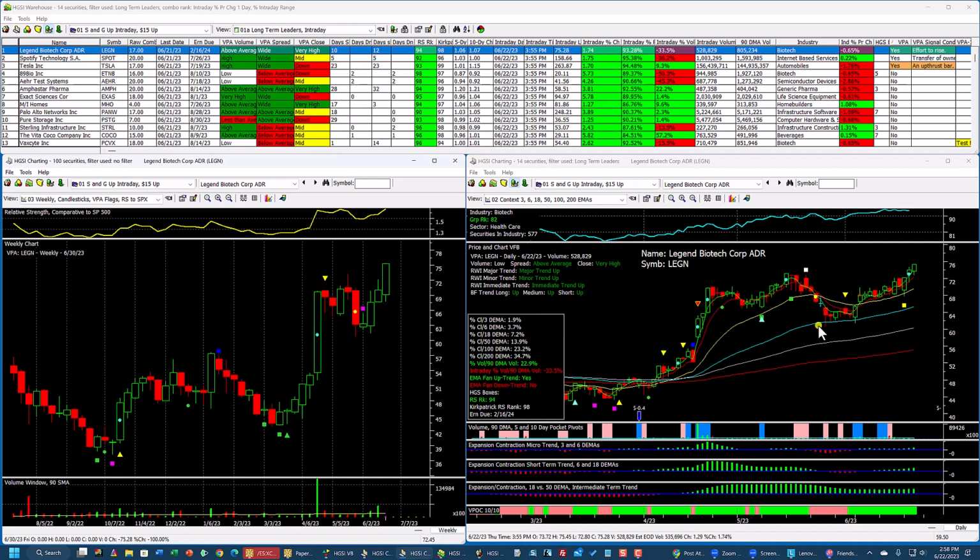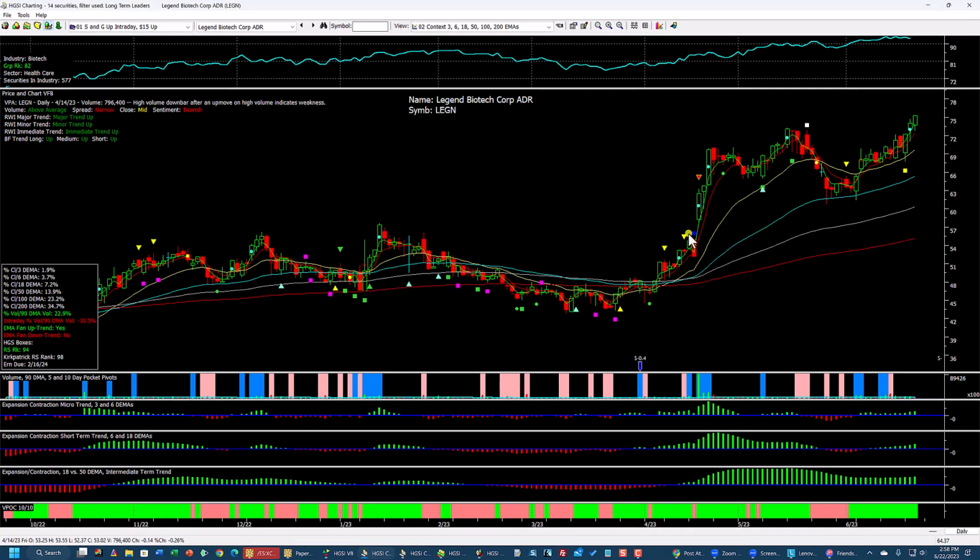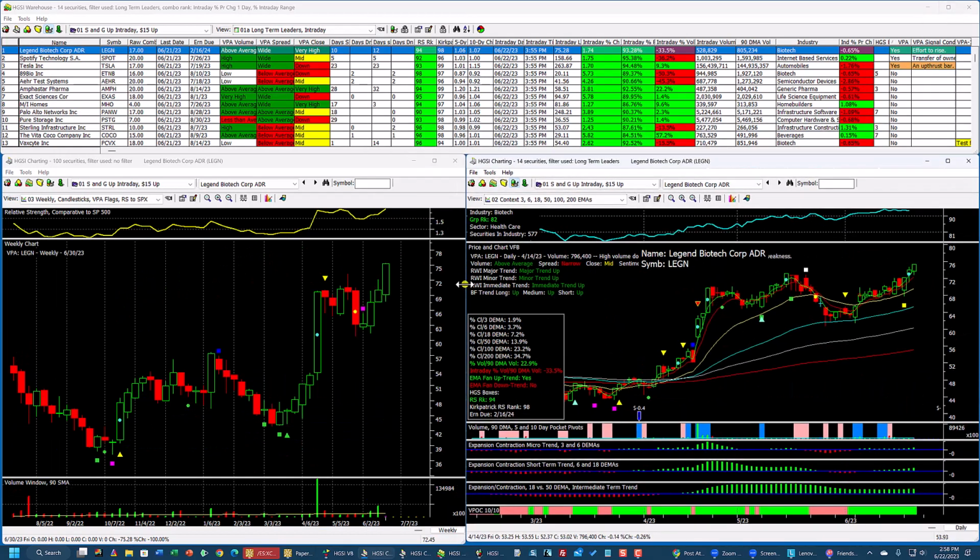So it's in a weekly uptrend. Here is the impulse, and then here is the reaction. Could be a cup, kind of a cup. It is a cup, and here is a handle, and now it's moving out. So this is a leading stock. You can see it both in the weekly and the daily charts.